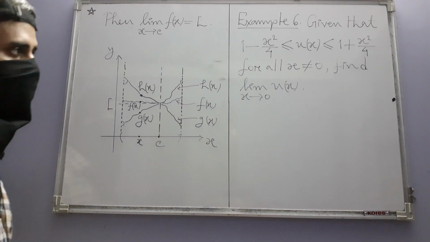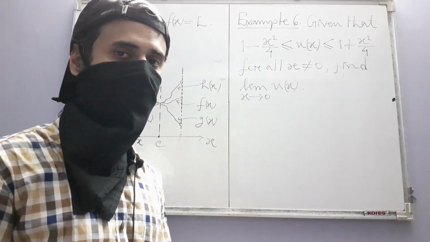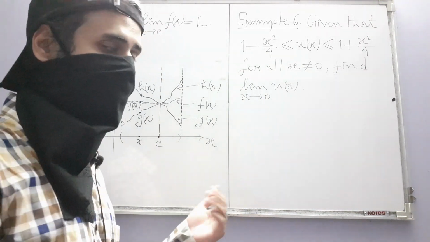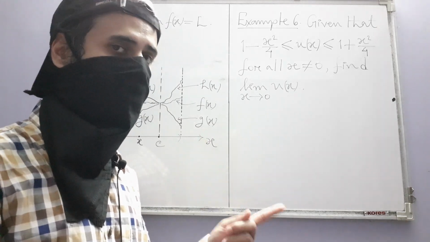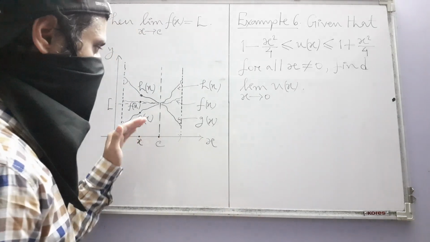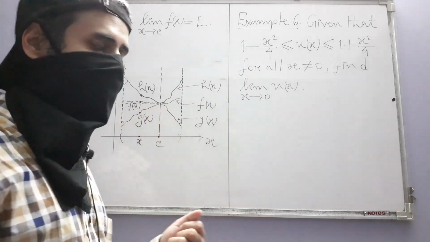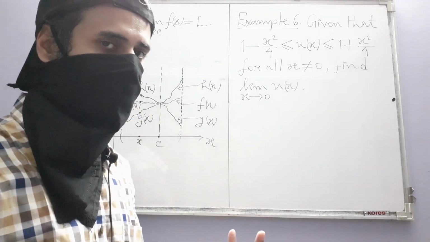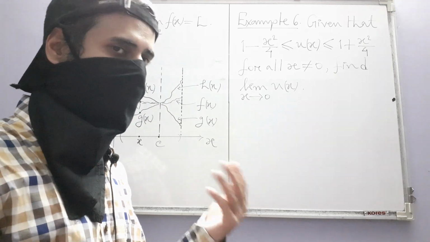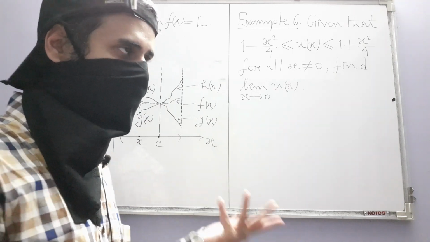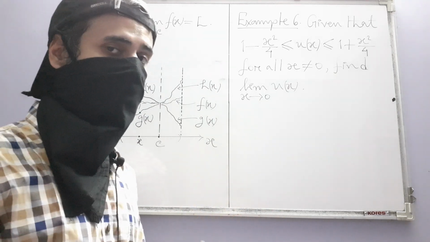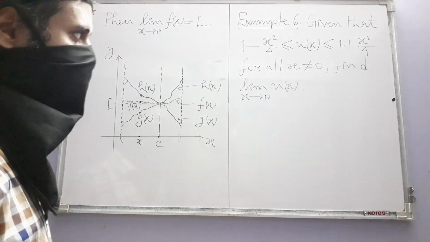Keep in mind that the sandwich theorem is only applicable if the outer functions approach the same limit. If the outer functions approach different limits, then f is not so restricted. So in that case, we don't know whether the limit of f is something that we already know, or even if it exists, we cannot say that.